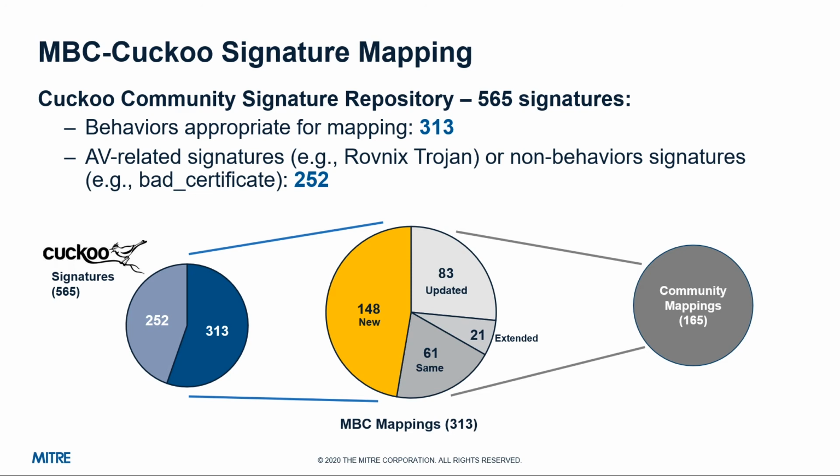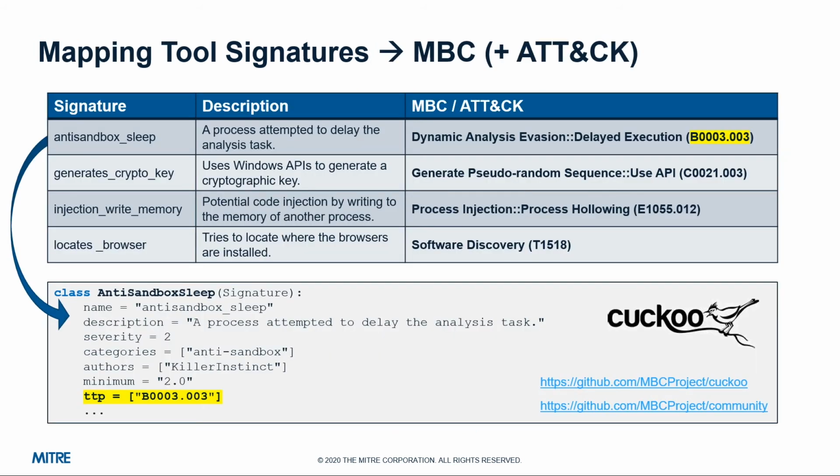And then working with the MBC only behaviors that we define, we were able to look at some of the other signatures, and in the end we defined 148 new mappings. So we got a lot more coverage by having the malware focus of MBC. This table shows a few example mappings.